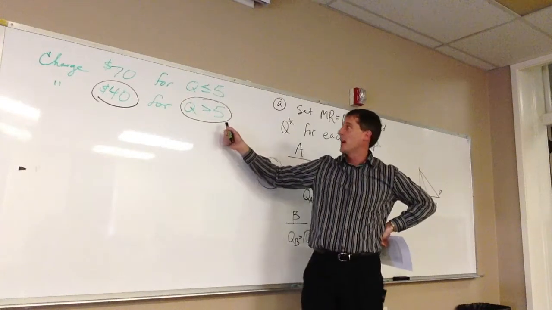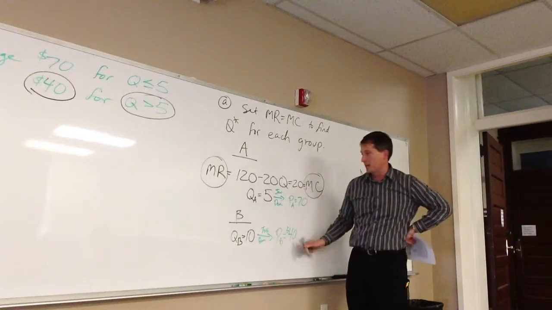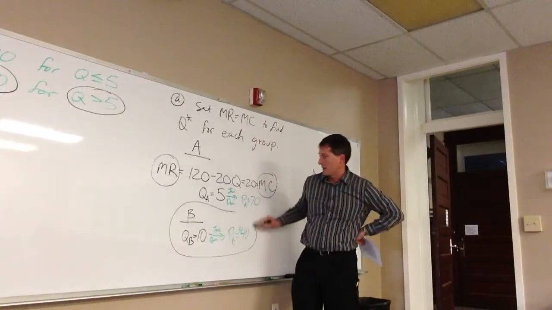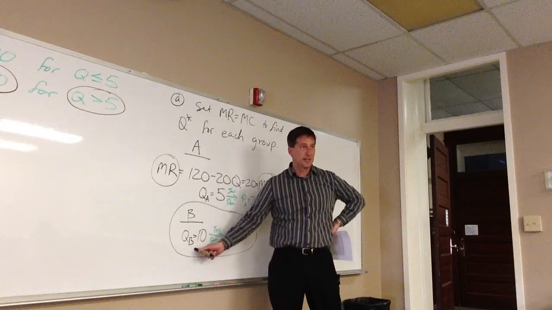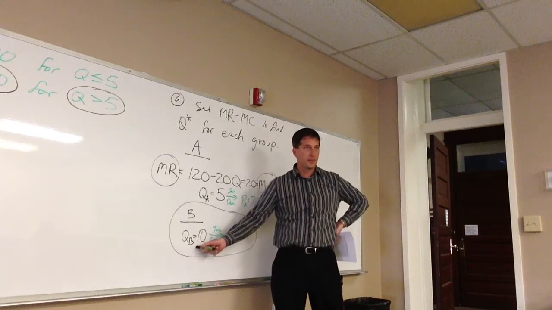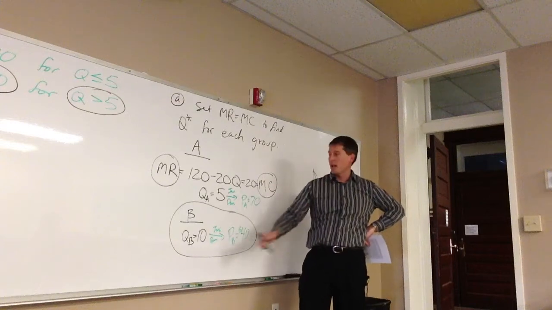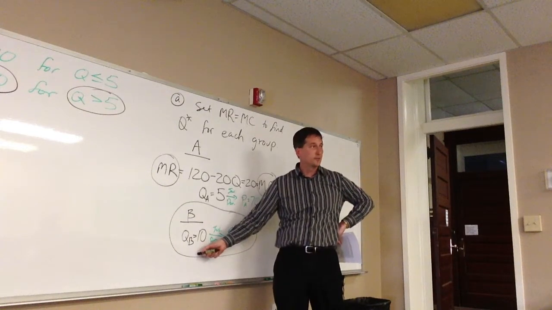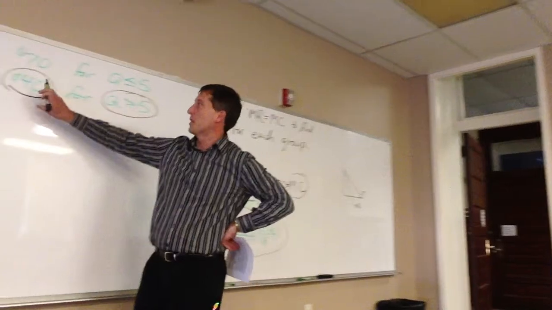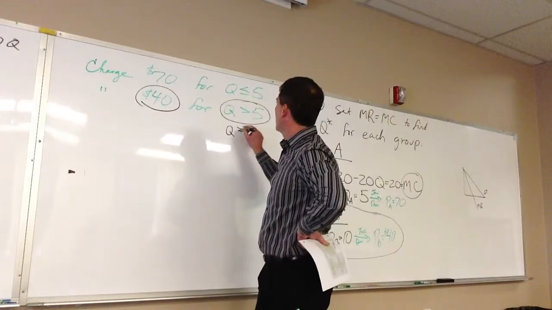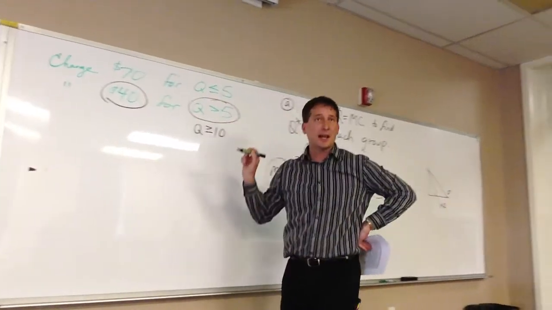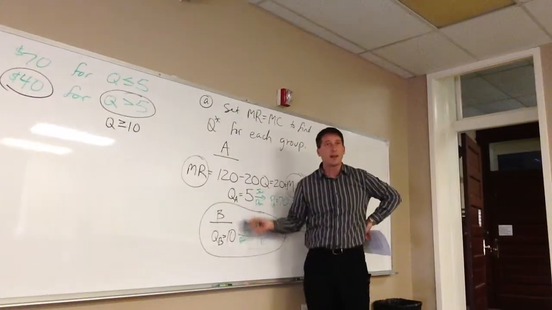So if we know that our other consumer down here is optimal at 10, our pricing scheme could be you have to buy at least 10 or more. So as long as you buy a quantity of greater than or equal to 10, let's just try that out.